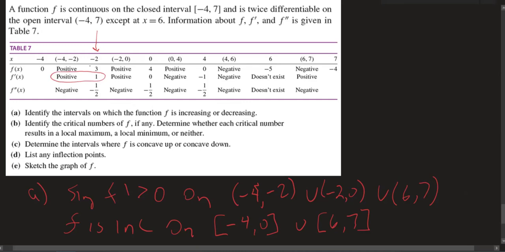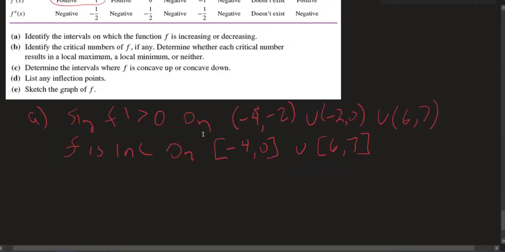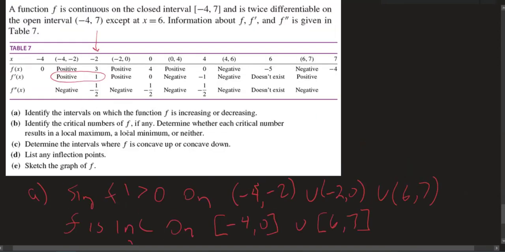Okay, so now we've got to do when f is decreasing. Since f prime is less than 0, let's look at the intervals here.